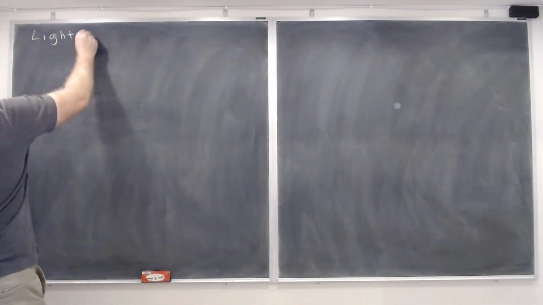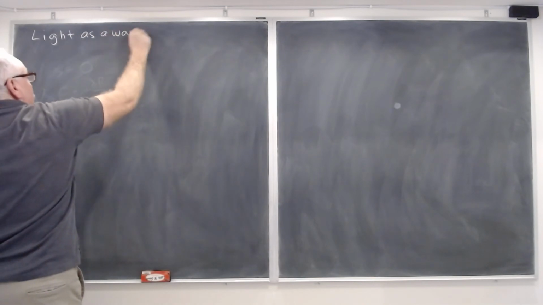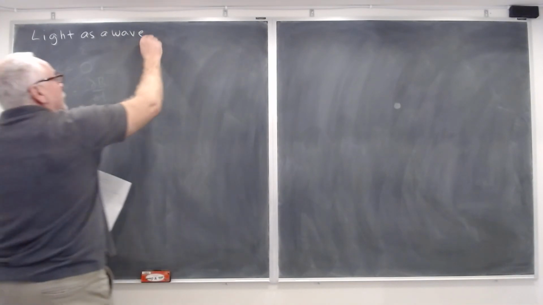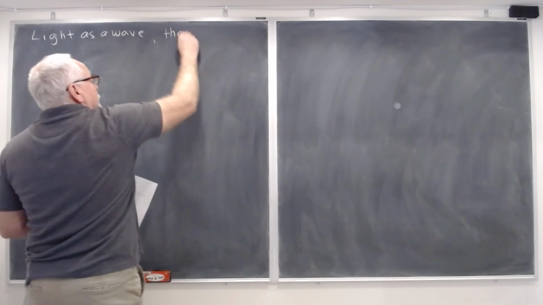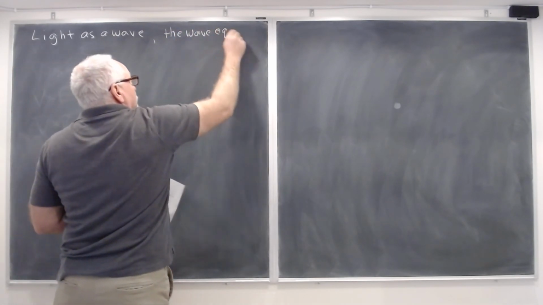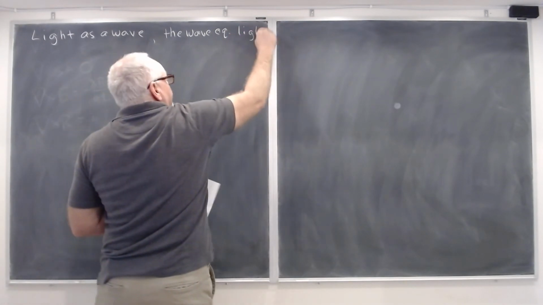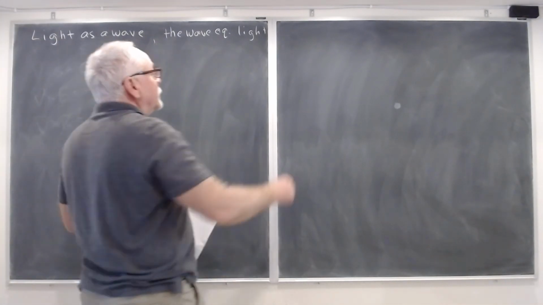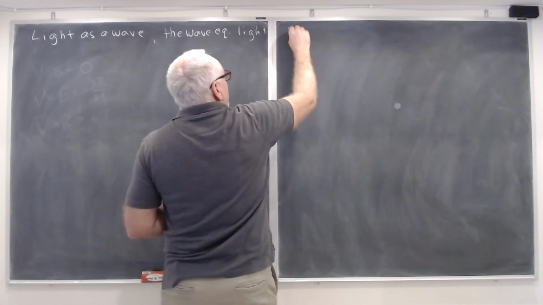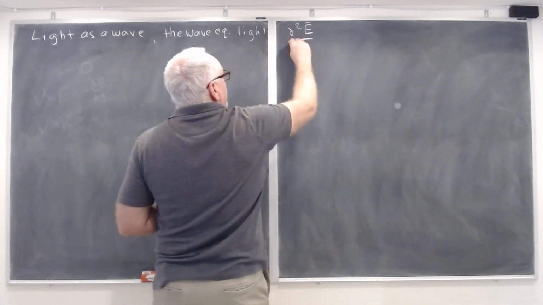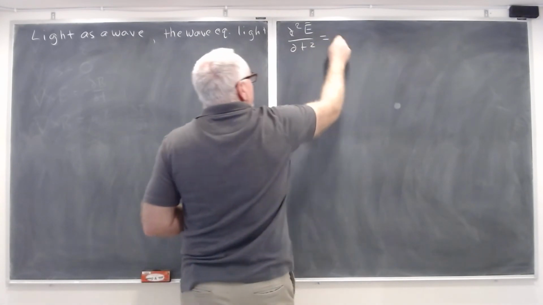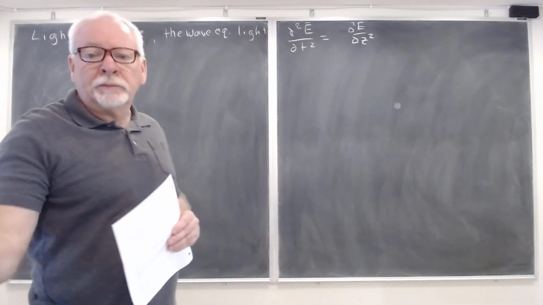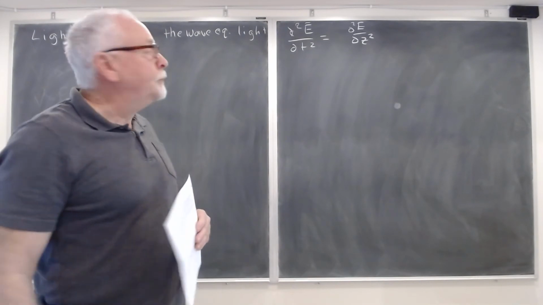Light as a wave, which should be a review from earlier courses that you've taken, and the wave equation of light, which you know from Maxwell's equations is that the partial squared of E, the electric field, with respect to t squared, is proportional to the partial squared of B with respect to z squared, which would be x and y in more than one dimension.